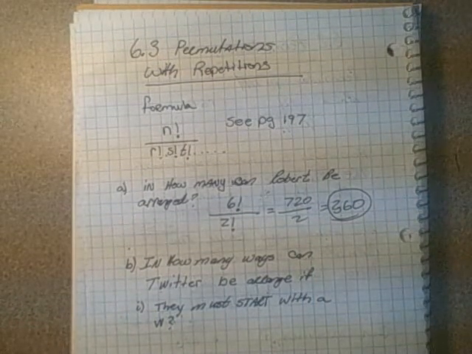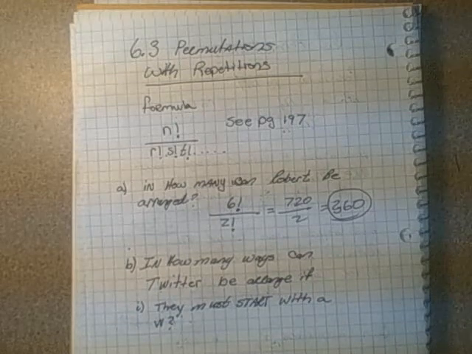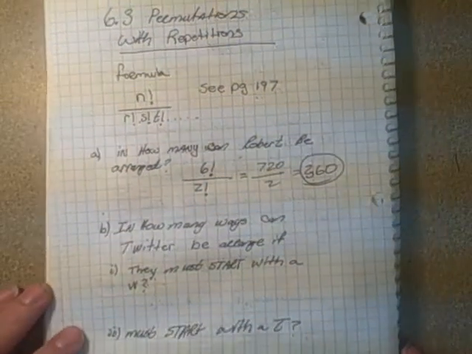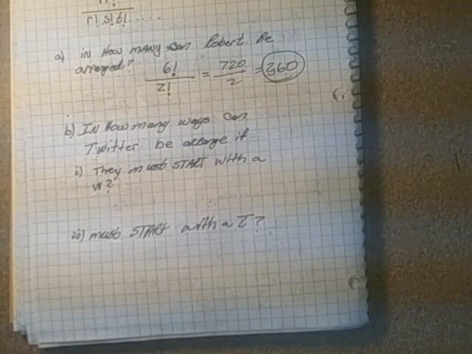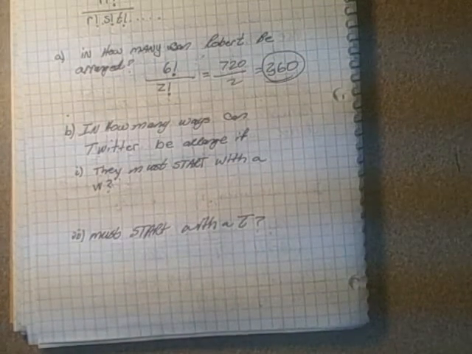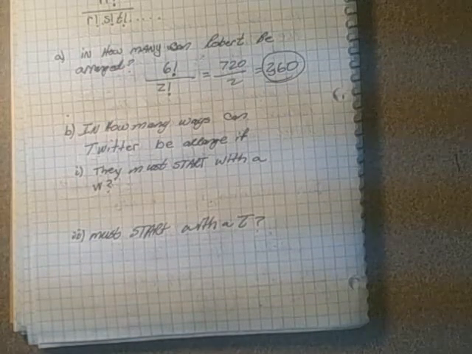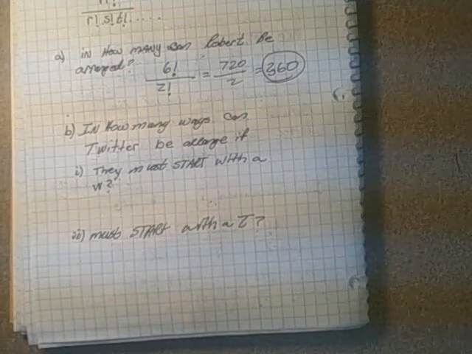Now, sometimes you have to be a little bit careful when you're doing factorials with restrictions in them. And it might only have repetition, but it also has restriction. So I'm going to show you an example of that here in the next one. In how many ways can Twitter be arranged if the letters must start with W?